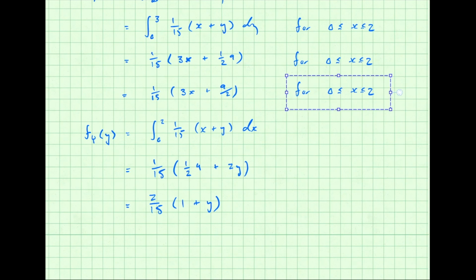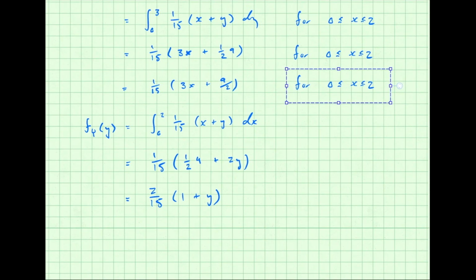And similarly for y, this is not what f of xy is always equal to. Even if you just restrict x to be between 0 and 2, you also have to restrict y to be between 0 and 3.